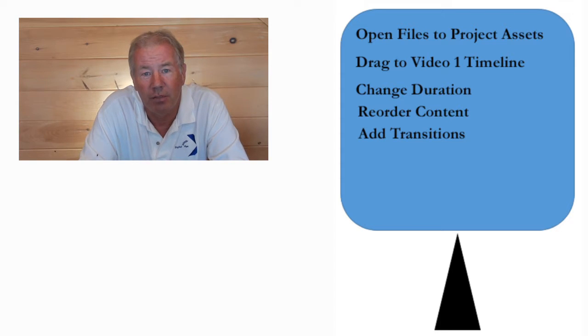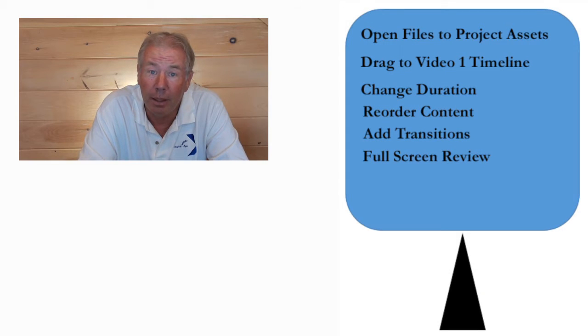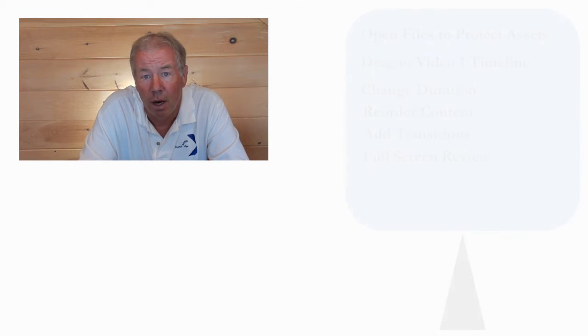Transitions can be classified by type or group. Typically, only one group is used in a video because otherwise it kind of starts looking clunky. And you can also adjust how they transition between two photos as well as their relative duration. Ultimately, we then took a look at playback through the full screen option before we did a Control S save.